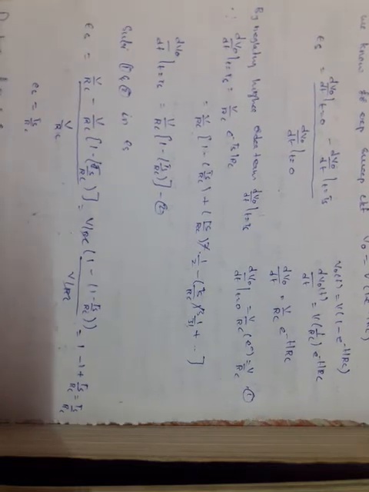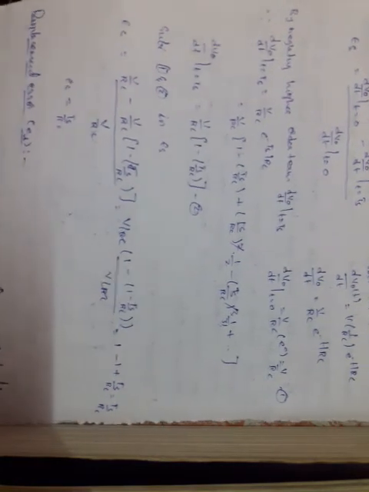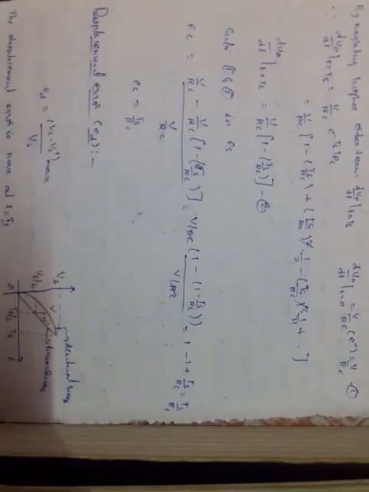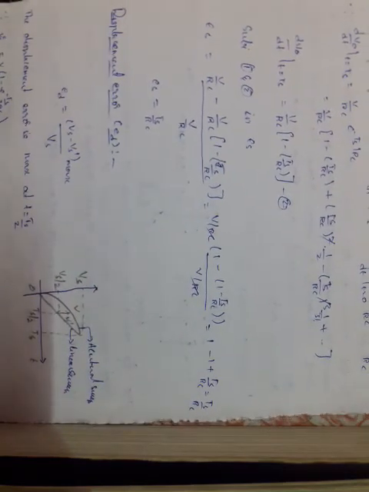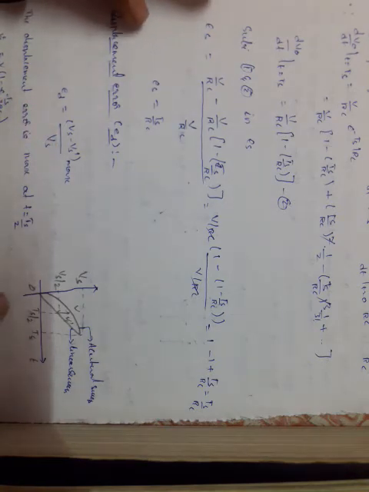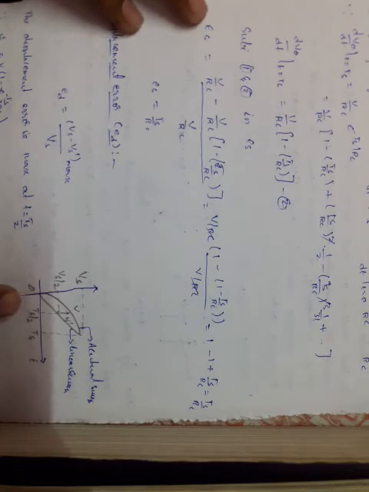Next is the displacement error. What is the formula for the displacement error? It is given by Ed equal to Vs minus Vs dash maximum by Vs. Here Vs means the output voltage, and Vs dash means the maximum voltage you are getting. The value of Vs is Vs into 1 minus t by RC, but here t is equal to Ts by 2.